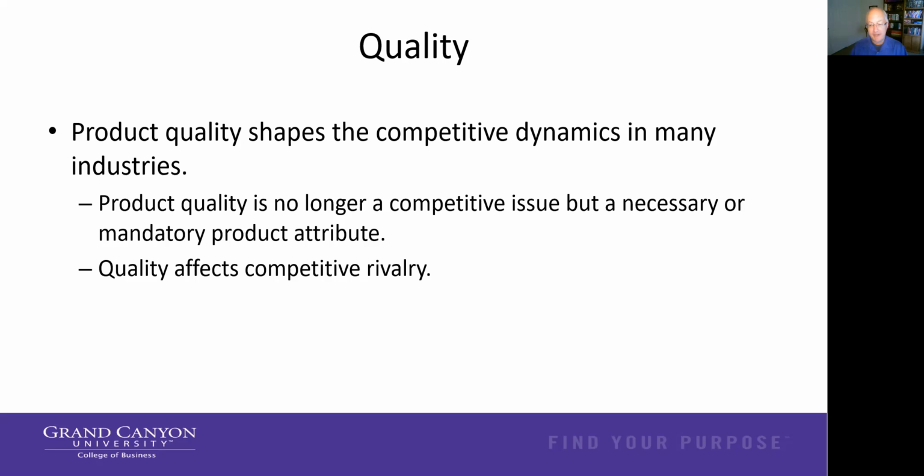Once corrected, the competitor will likely act by emphasizing additional dimensions of competition. So you can see that quality really is, although it may not be the thing that gives you competitive advantage, a core foundational element of any product or service that you offer that not only signals to your competitors what's going on inside your organization, but gives you the opportunities to compete on an equal level with others.